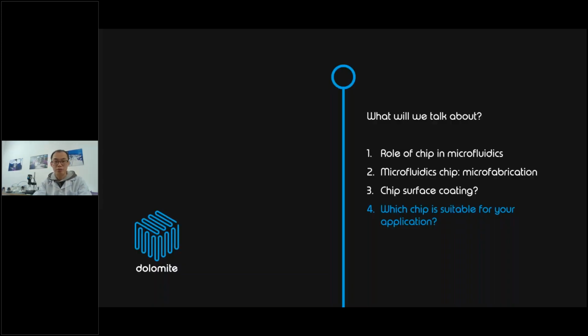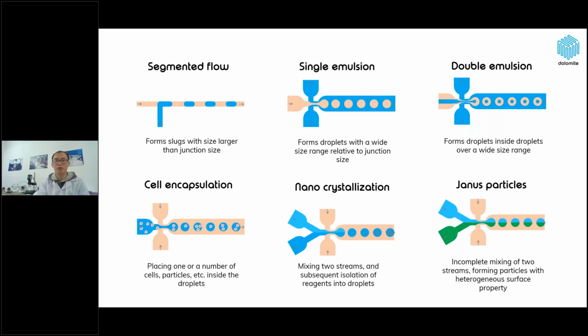So next, we will talk about which chip is suitable for your applications. As you know, with many different geometries of chip design, we can do many kinds of applications with microfluidics. For example, we can form slugs with a size larger than the junction size using the T-junction chip geometry.